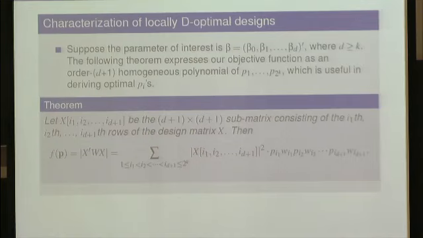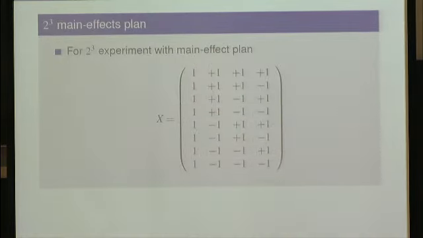Let me just show you what happens for the 2 cubed experiment. For the 2 cubed experiment, d plus 1 is 4. There are d equals 3 main effects, 1 intercept. So d plus 1 is 4. So there are 4 columns. There are 8 rows.